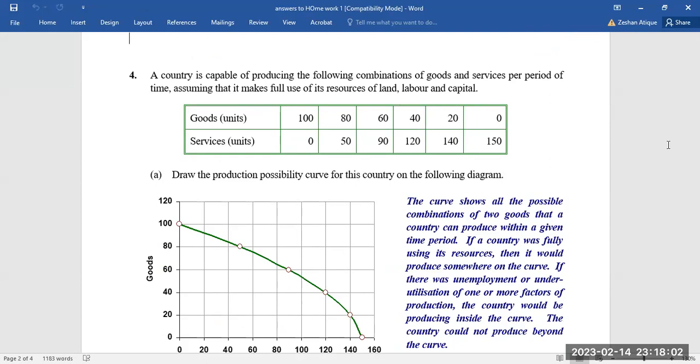In question number 4, you see that it gives you a table which tells you how many units of goods and how many units of services you can produce with available labor, capital, and land.